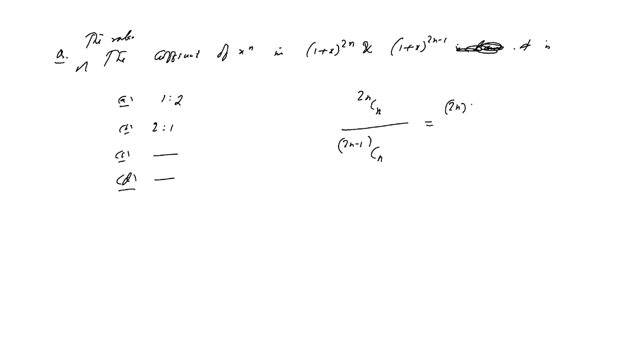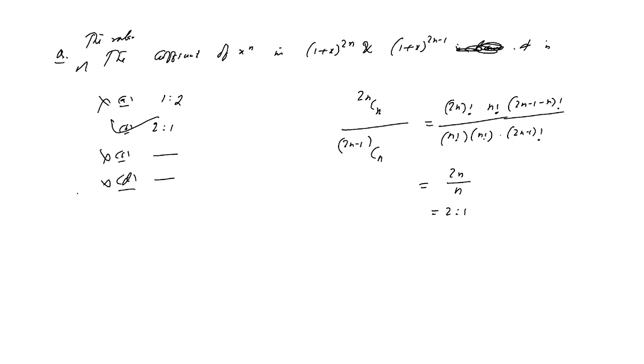This is quite simple: 2n factorial by n factorial into n factorial, divided by 2n minus 1 factorial by n factorial into 2n minus 1 minus n factorial. Calculating, you will see this will be 2n by n, so that means 2 is to 1. So option B is correct. All other options are false. This question was given in KVS PGT.